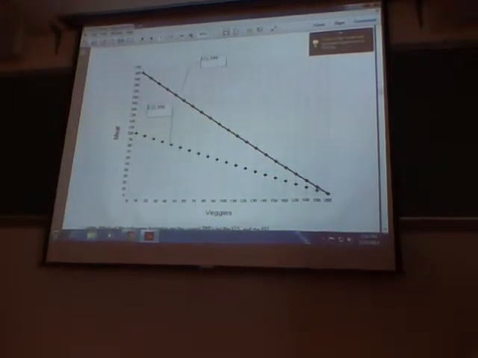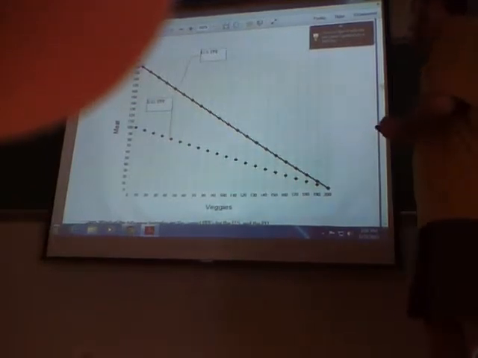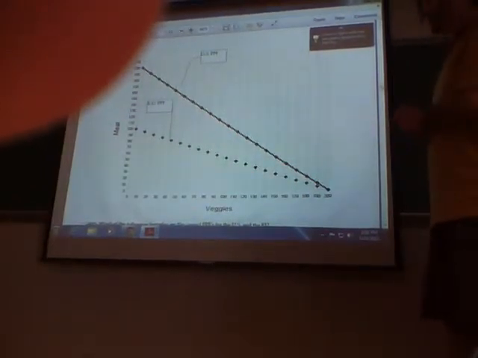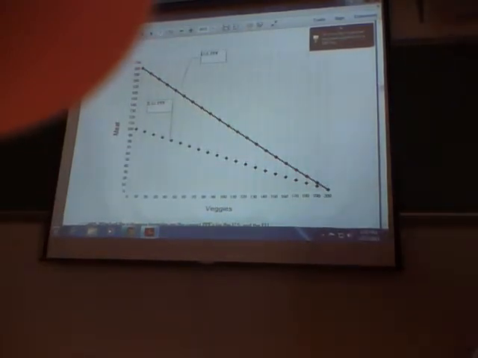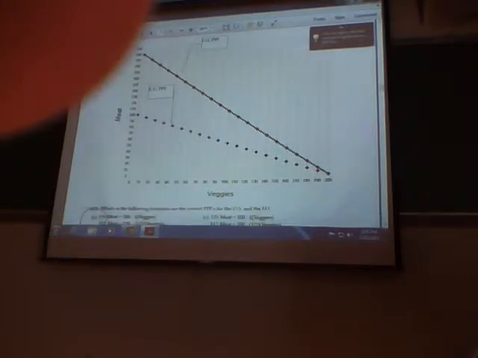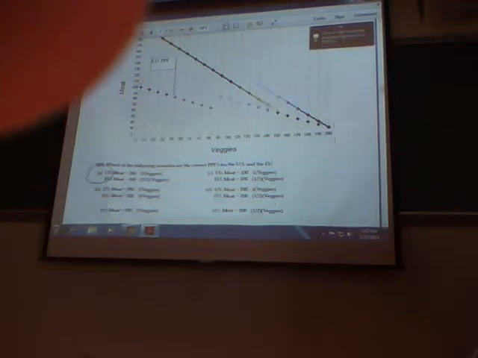Where I show you, in this example, a PPF curve for the U.S. and for the European Union, and then there's some multiple choice questions about which one is the right formula. And then you just have to infer. Answer I got was A.